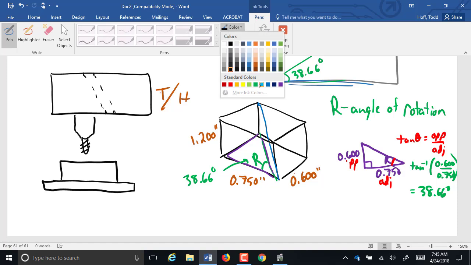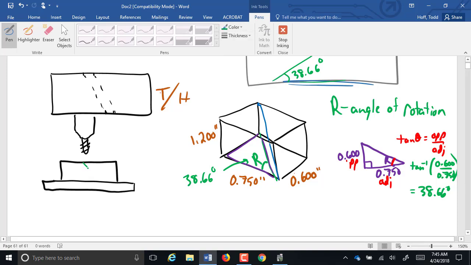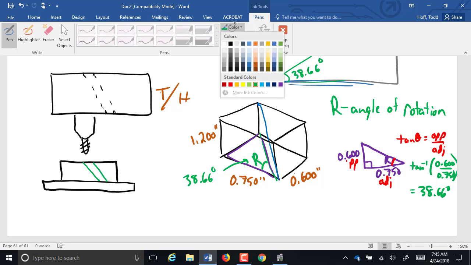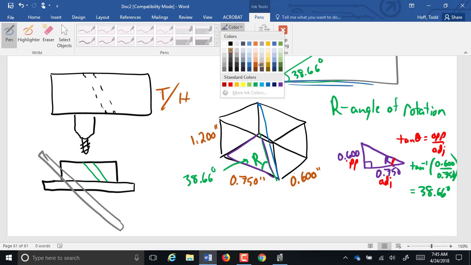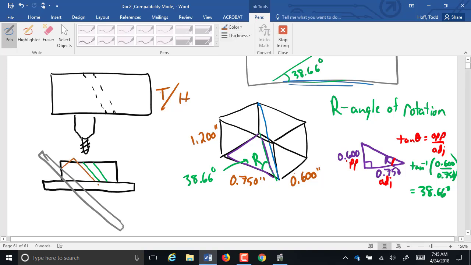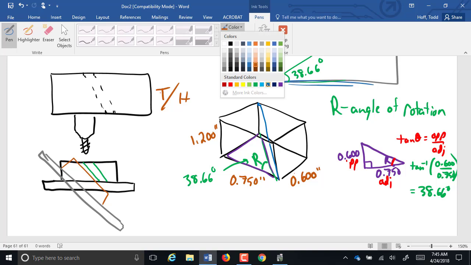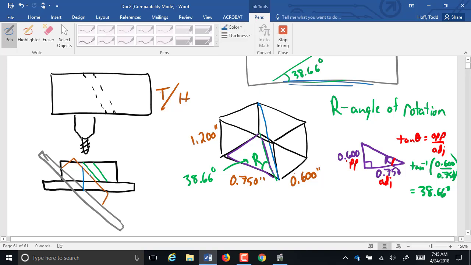We've got it lined up side to side, but our hole still looks like this. So we have to tilt that table so that now the hole on that piece is exactly straight up and down.